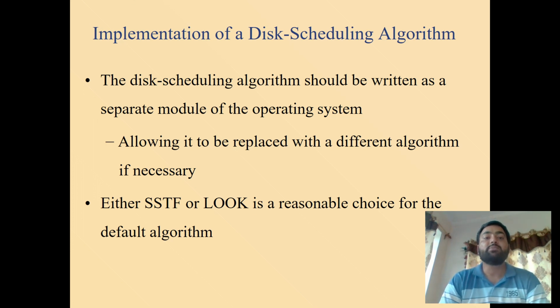Why? Because if we are required to replace the algorithm with a different one, it will be an easy process for the system. That's why we should implement the algorithm as a separate module, because replacement becomes easier.